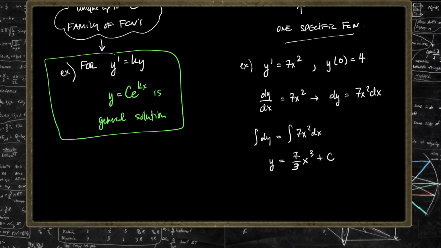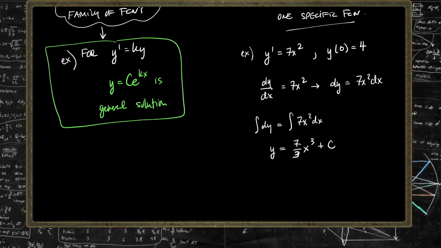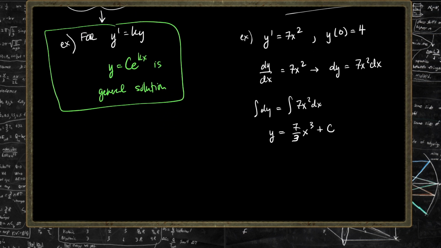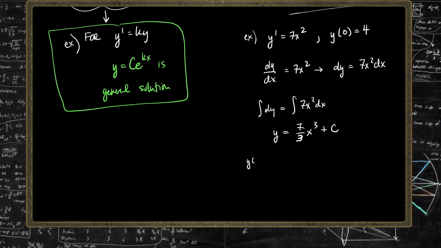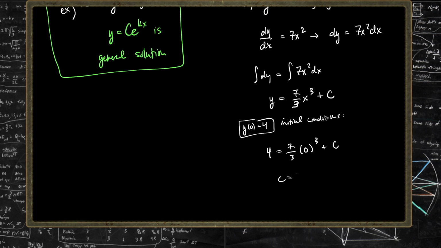However, we're looking not for a family of functions, not for all of these cubics, but for one in particular, one where y of 0 equals 4. So y of 0 equals 4, which we call the initial condition, the initial value, gives us that 4 must equal 7/3 times 0 cubed plus c, which tells us that c equals 4.